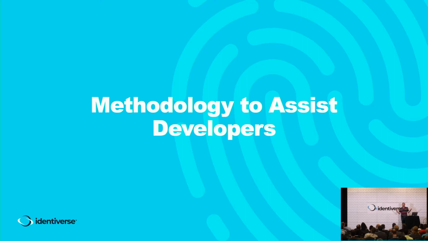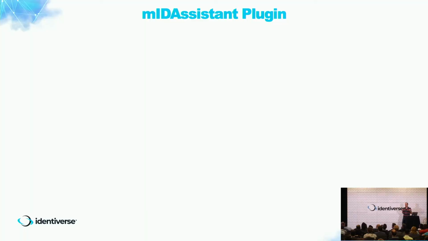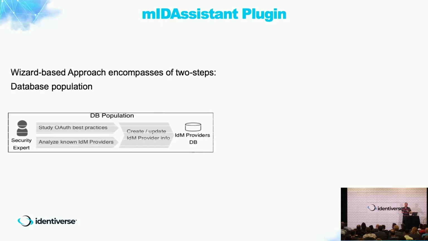One of the outcomes of Amir's paper was that they tried to look at how they could make this easier for developers. What they came up with is something they call the MID Assistant Plugin. It's basically a wizard-based approach for helping app developers configure things. It's based on two steps. There's a database that is populated with the actual details of the various authorization servers.